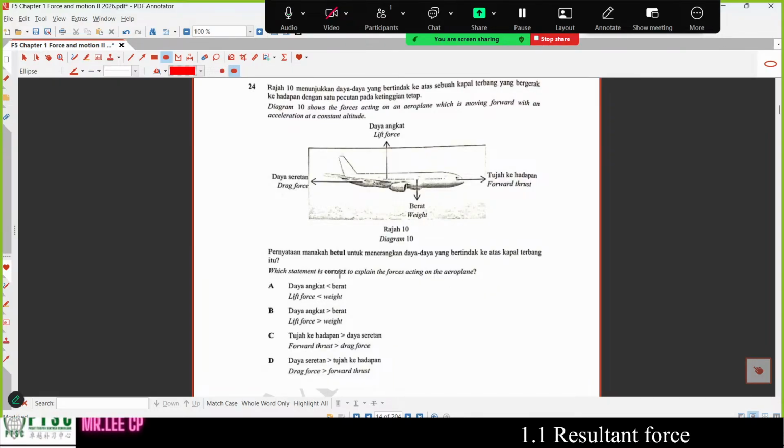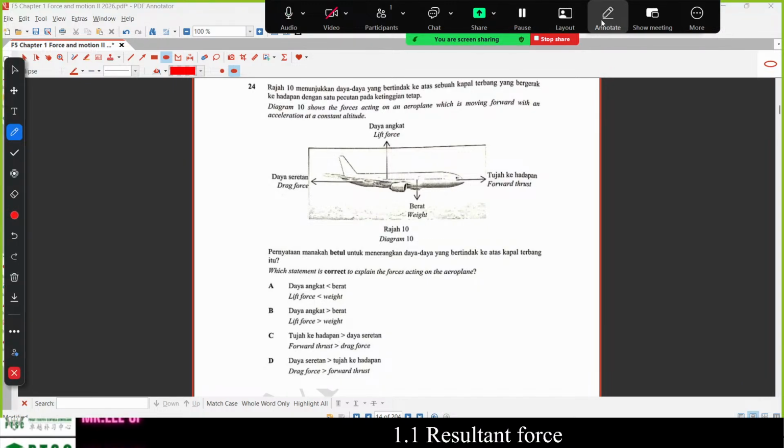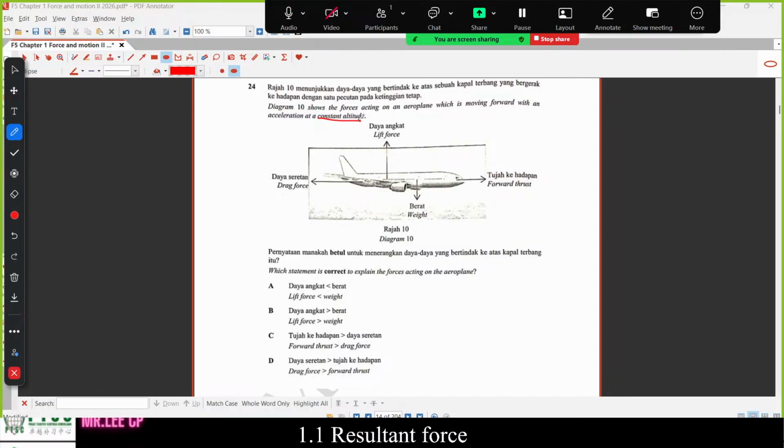Which statement is correct to explain the force acting on the aeroplane? The aeroplane is moving forward with acceleration at constant attitude. What is constant attitude? Constant attitude means it is not going to go up or down. It is moving to the right with the thrust force, moving forward.